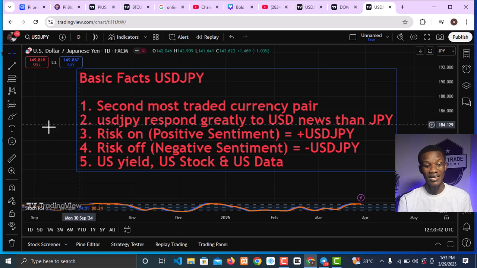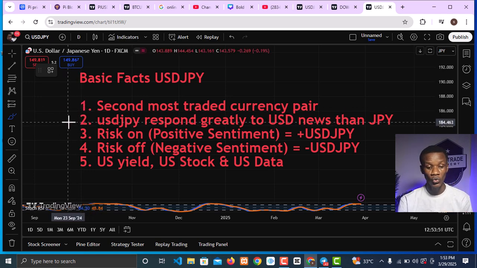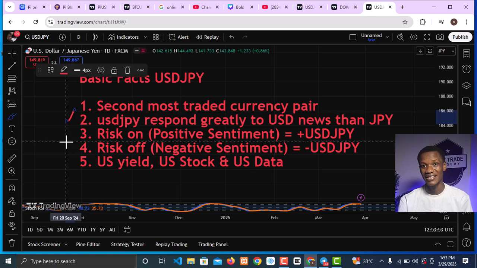And the second thing here is the USDJPY responds greatly to the US dollar news more than the JPY. Most people don't know this. If you want to look at the news, let's say you are taking your news from Forex Factory or investing.com, and the particular news for the day turned out to be a US dollar news, that US dollar news tends to affect the USDJPY market more than a JPY news for the day.